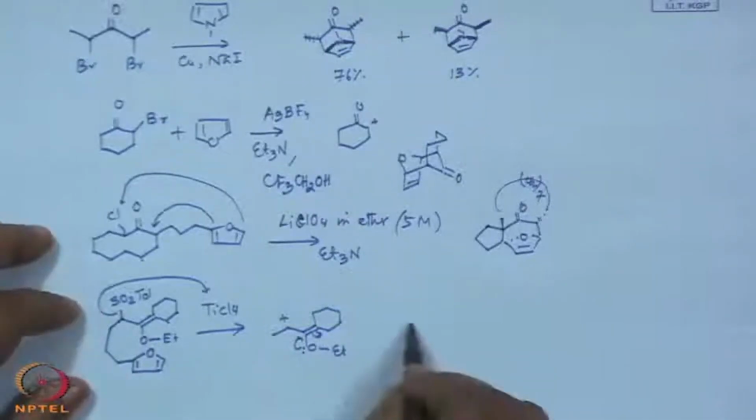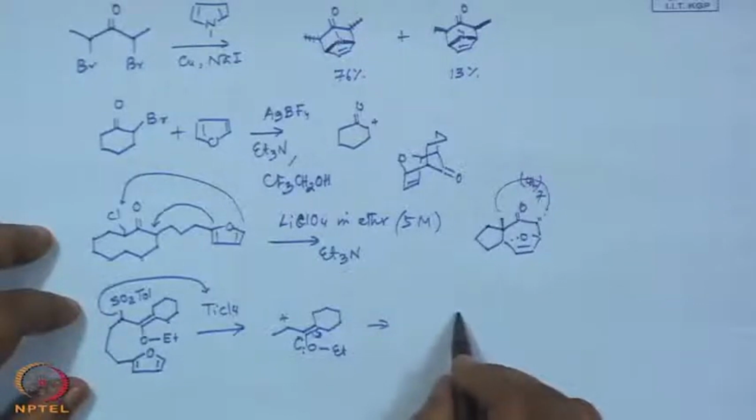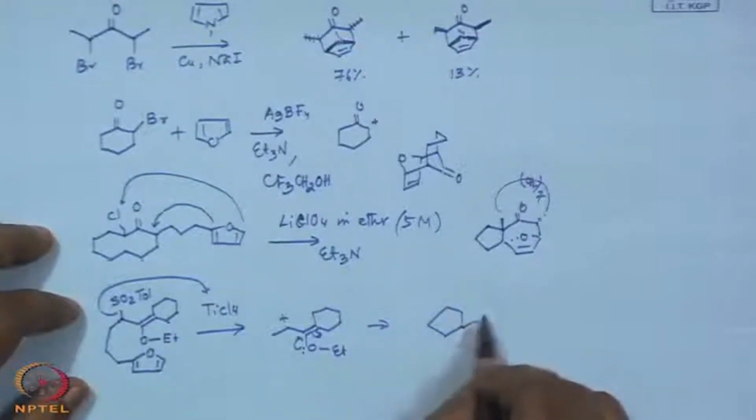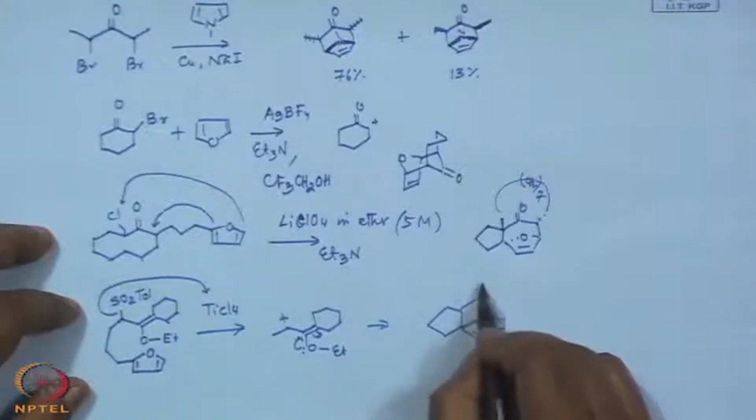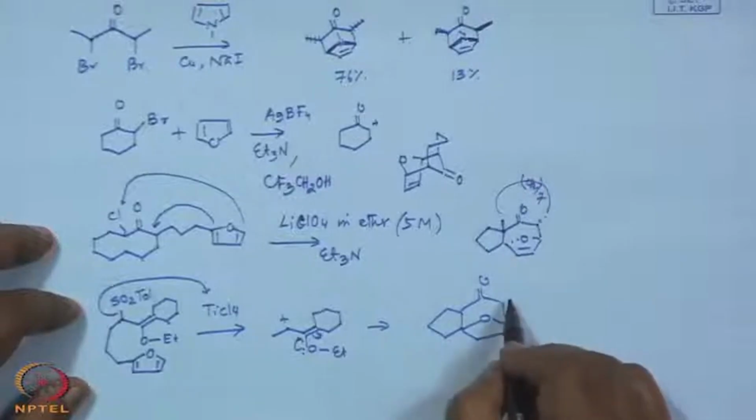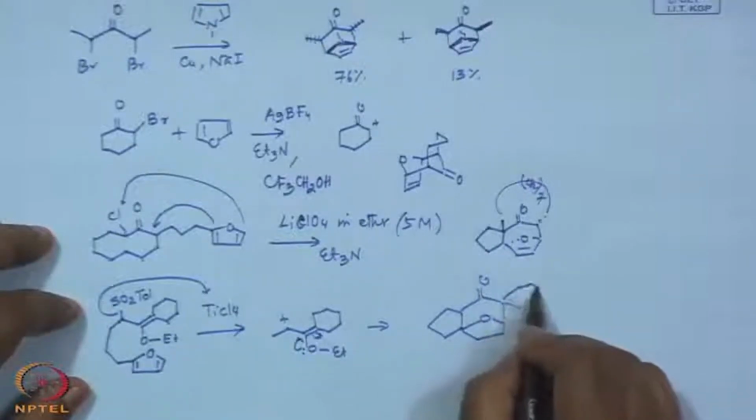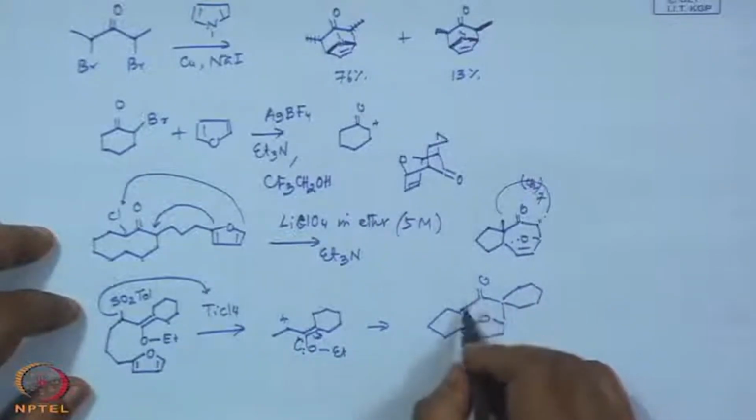So the product would be again a 5-member ring, because you have 3 carbons, then you have furan, and then this is the ketone here, and then the cyclohexane part.